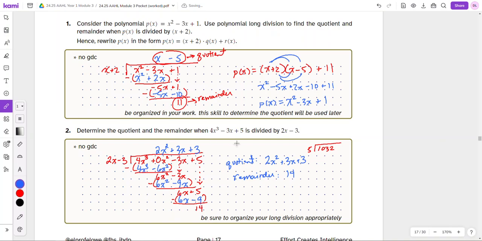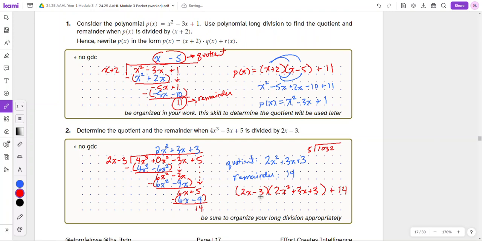All right, but of course, if I wanted to rewrite this expression, I could rewrite that expression as 2x minus 3 times 2x squared plus 3x plus 3, and then with the remainder of 14.